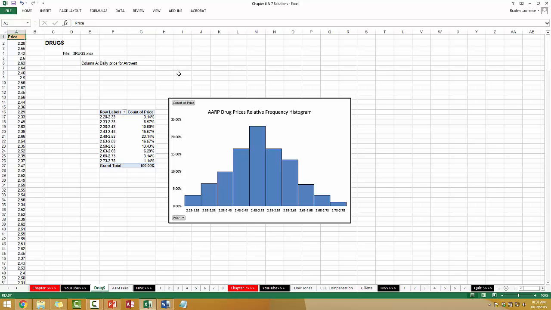Alright, so we can see that it's not perfectly mound-shaped, but the histogram does appear to be approximately normally distributed. Sampling error could be attributed to part of this imperfection. We'll cover that in Chapter 7.